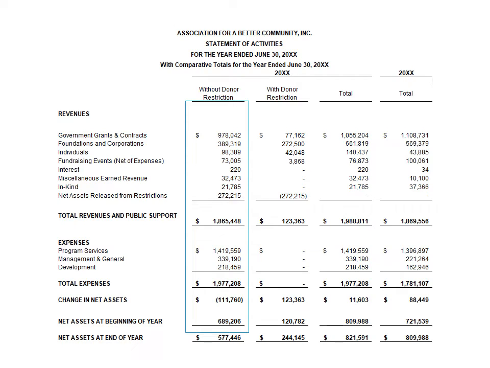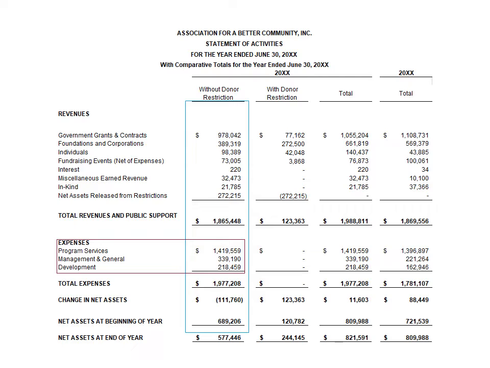The statement also shows our expenses for the year, and you'll see that the expenses are broken out into program services, management and general, and development. It is required of GAAP financial presentations that our expenses are broken out into these three organizational functions on the statement of activities.